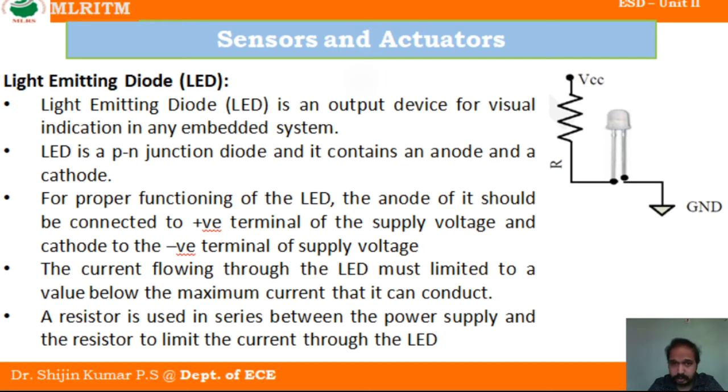The purpose of this resistor is to limit the current. If more current passes through this LED, it will get damaged, so in order to limit the current, we use a resistor.